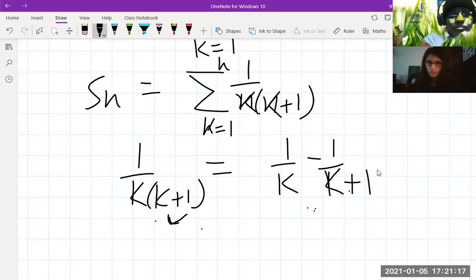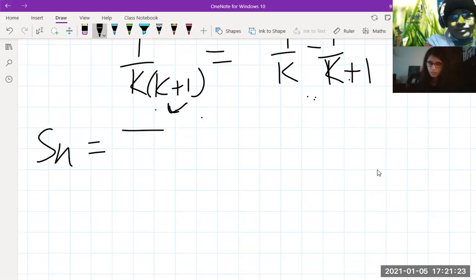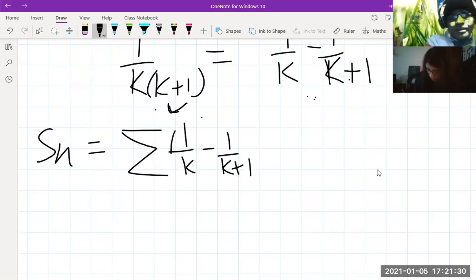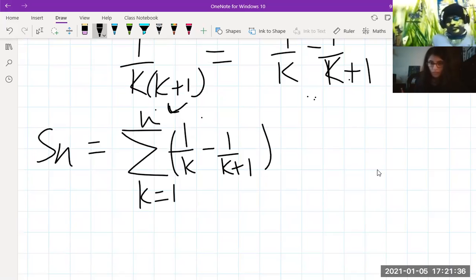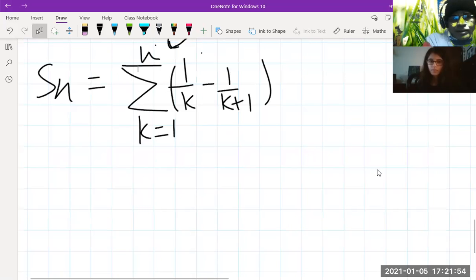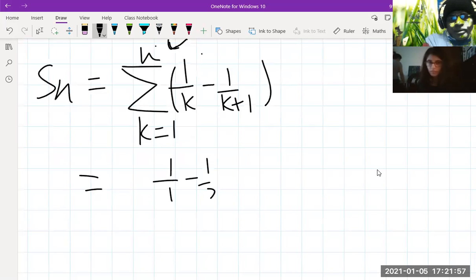Now Sn equals to sigma 1 upon k minus 1 upon k plus 1, k equals to 1 to n. If we take k equals to 1, then we will have 1 upon 1 minus 1 upon 2, plus 1 upon 2 minus 1 upon 3, and so on.